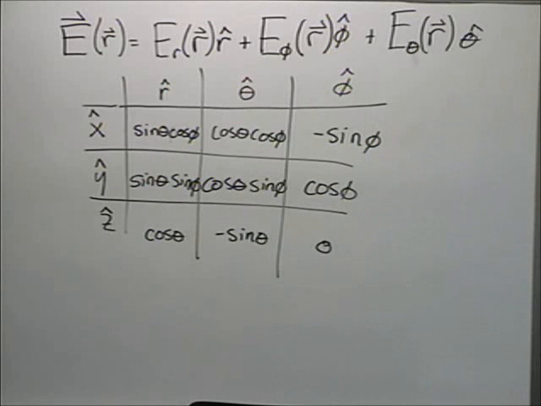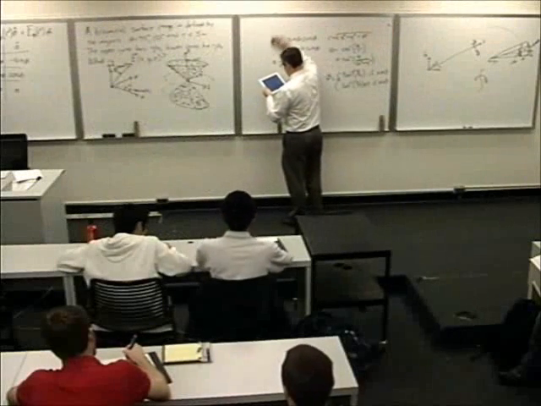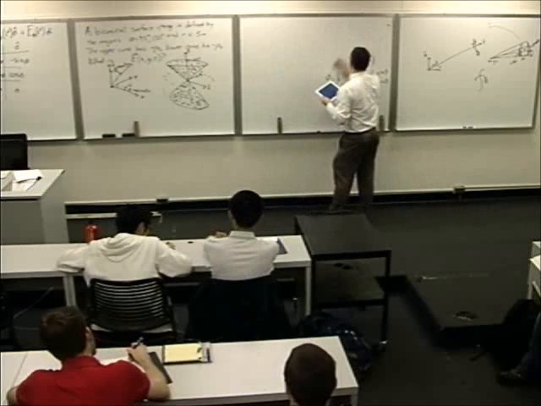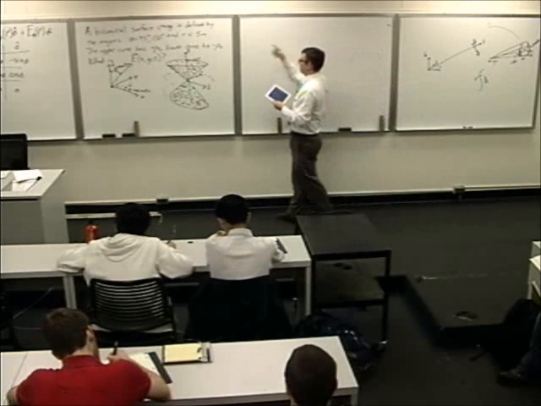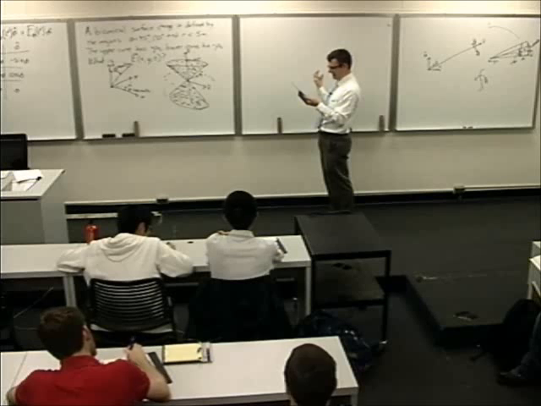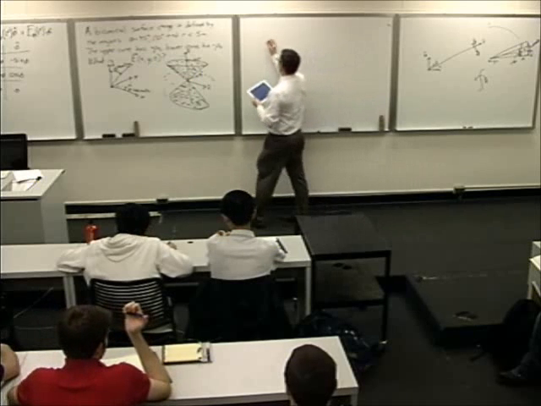Okay, so how do you use a table like this to actually compute a field decomposition? So here's how you would do it. Let's pretend you wanted to convert a spherical coordinate system, that field vector that I had up there, into an expression in the xyz coordinate system. And let's just do it for x.